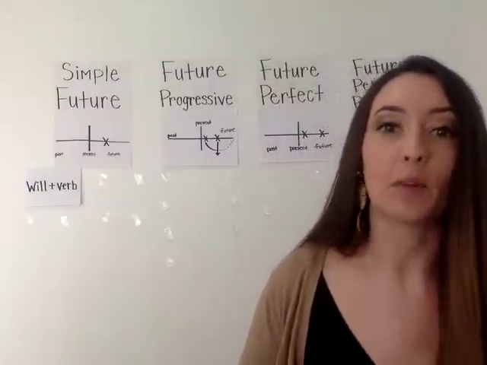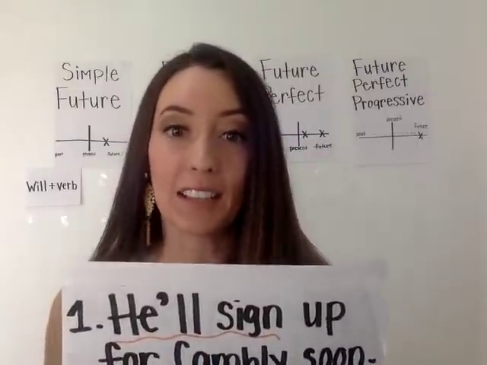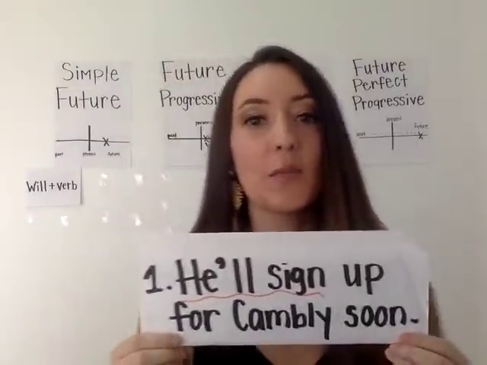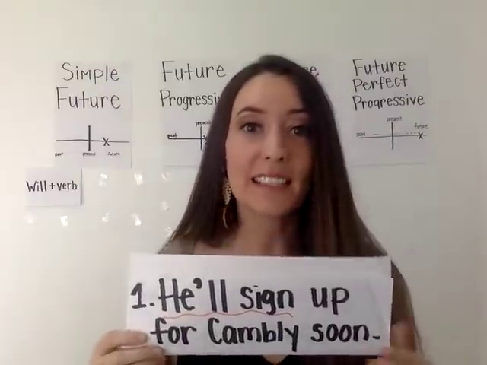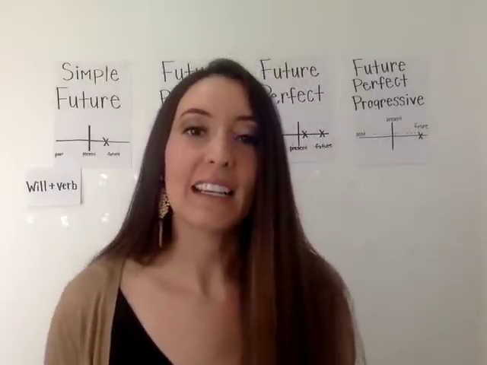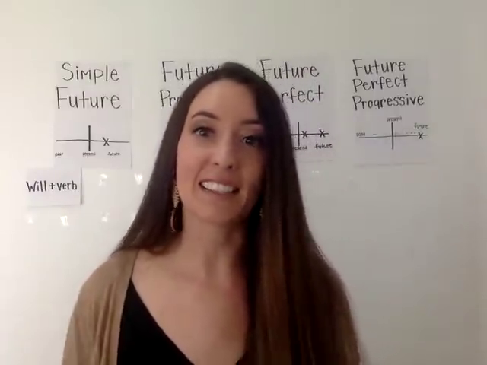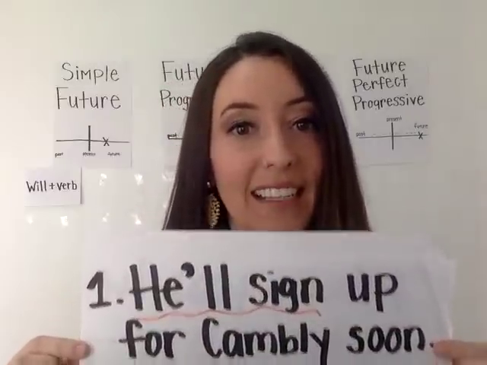For example, he will becomes he'll. So he'll sign up for Cambly soon. This means in this moment, he's not signed up for Cambly, but in the future, he is planning on signing up. So he'll sign up for Cambly soon.